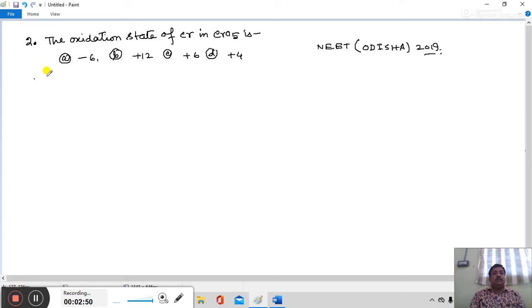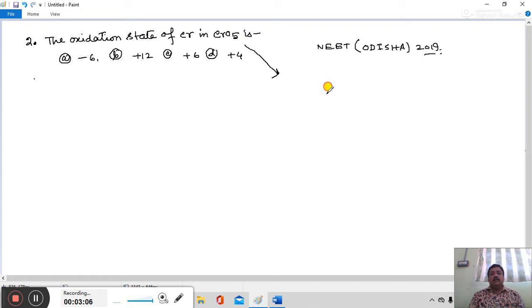My second question is: the oxidation state of chromium in CrO5 is -6, +12, +6, +4. This question came in the NEET exam 2019 in Odisha. This CrO5 structure is very important.